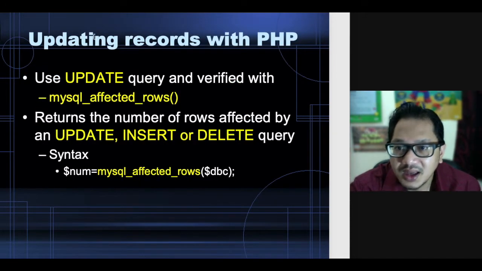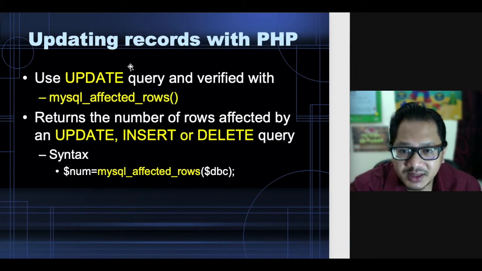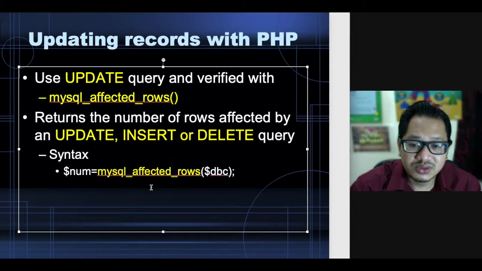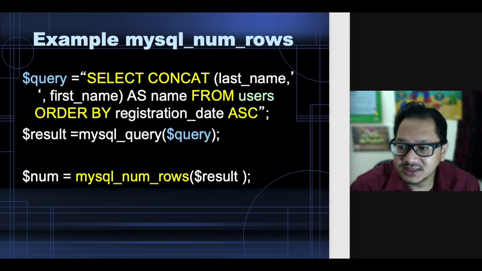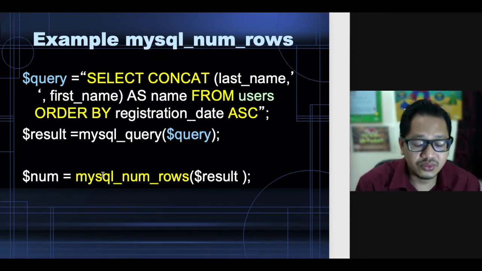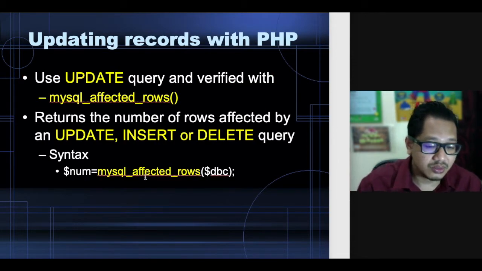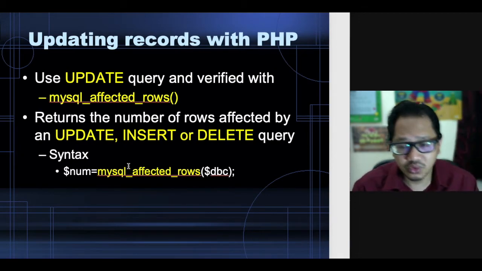And then update record with PHP. This one is to update. It returns the number of rows affected by update, insert and delete. MySQL affected rows: if you want to know how many rows were affected. Earlier we selected, this one is for how many rows you got. When we execute, it will tell us 2 rows affected, 2 rows selected and so on.